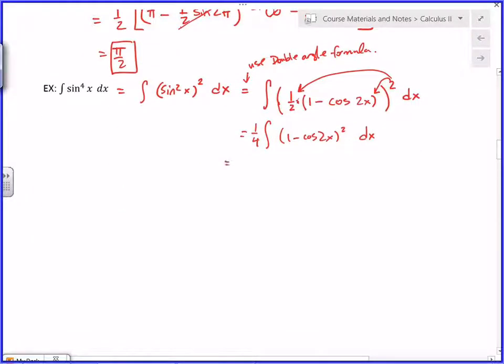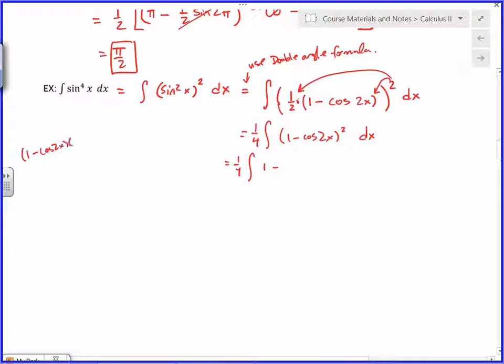So I get 1/4 integral. Can y'all do that in your heads? One minus, there's going to be 2 of them, because of the outside and the inside. I was skipping that step.